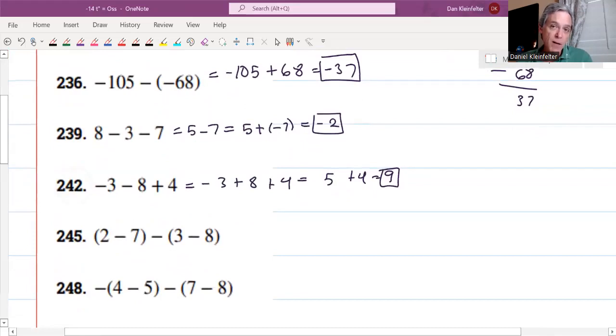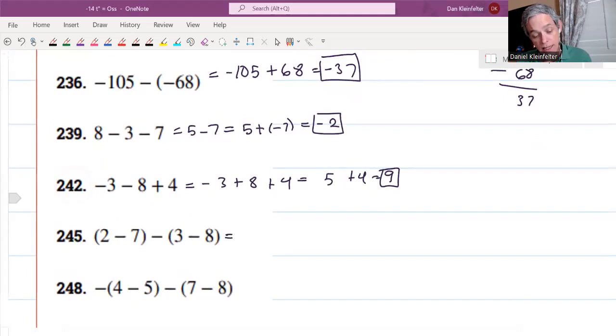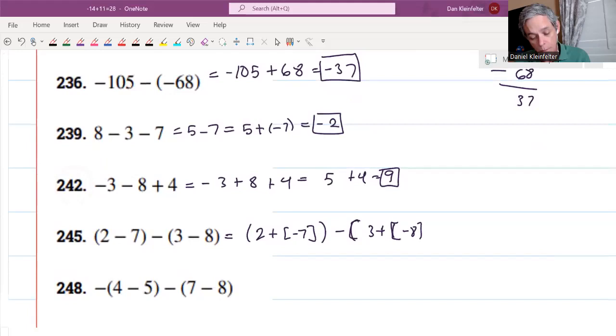Okay, for the next part, we'll do the two pieces in parentheses first. 2 minus 7 is the same as 2 plus negative 7. And then 3 minus 8 is the same as 3 plus negative 8. 2 plus negative 7 is negative 5. 3 plus negative 8 is negative 5.